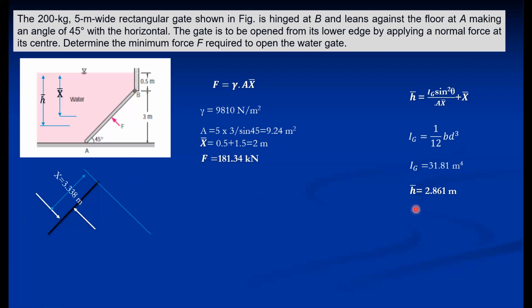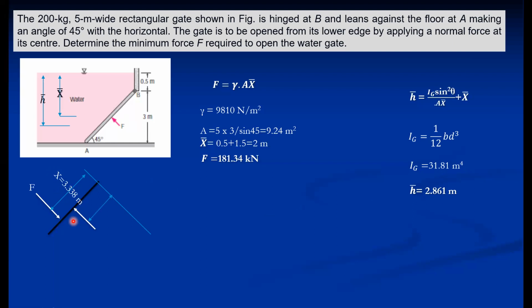Whatever the H bar is, X is nothing but a distance. So this angle is right, and this is our H bar. Again, sine theta is equal to H bar upon X, so X is equal to H bar upon sine 45. So it comes around 3.6. So this is where the force is acting.